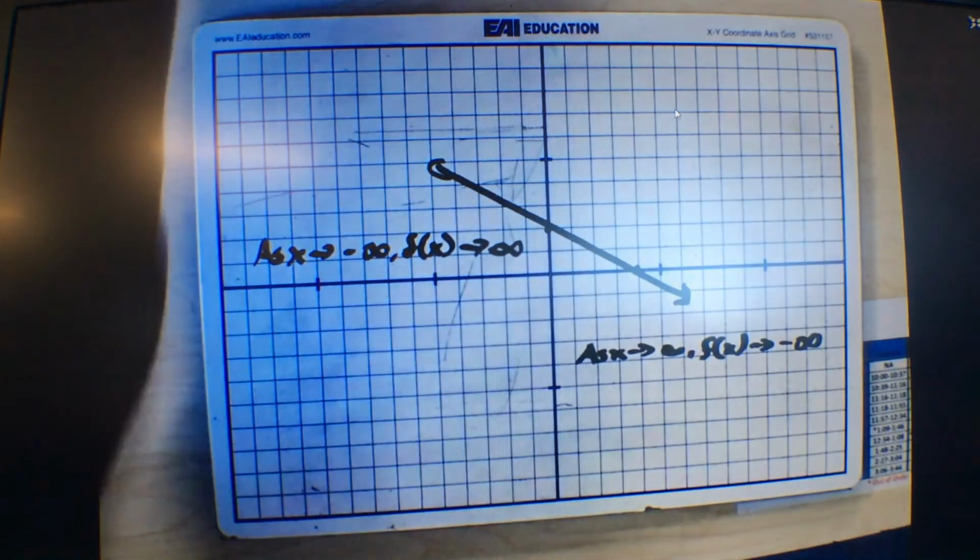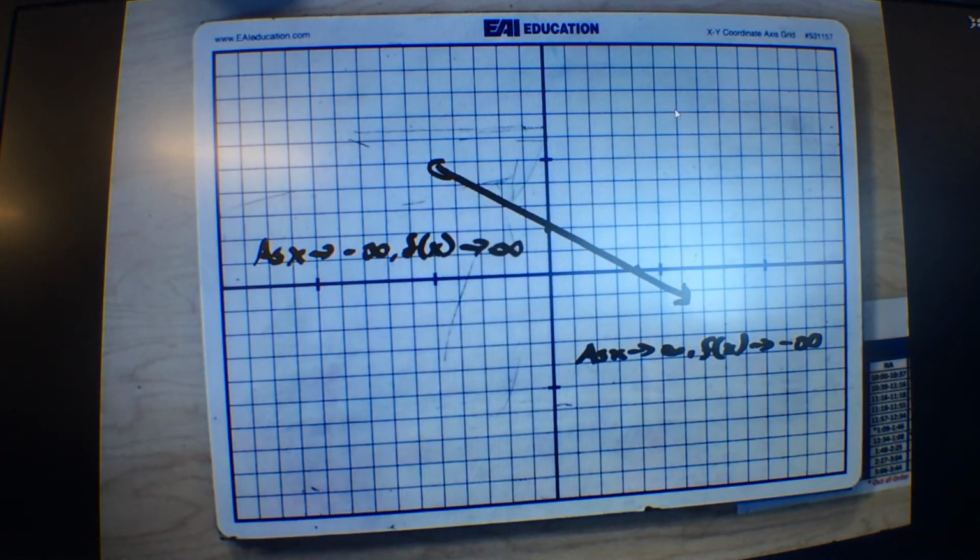So Dawson, how about number 10? As x approaches negative infinity, f of x is negative 2, because it doesn't go any lower than that. It approaches negative 2, though.